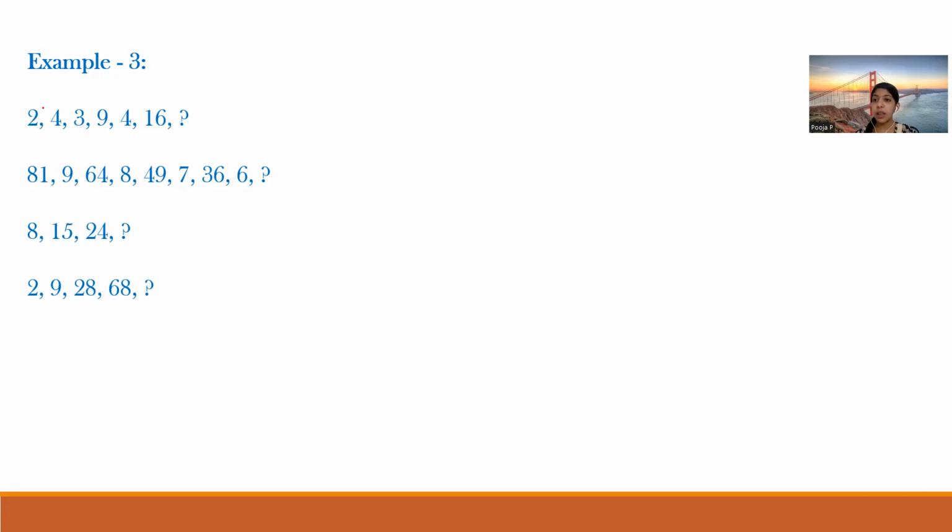Another thing is it could be the square of a number plus or minus some other constant number, or the cube of a number plus or minus some other constant number. This constant could be in an increasing order like plus 1, plus 2, plus 3, or minus 5, minus 4, minus 3, and so on. It could go in any pattern.